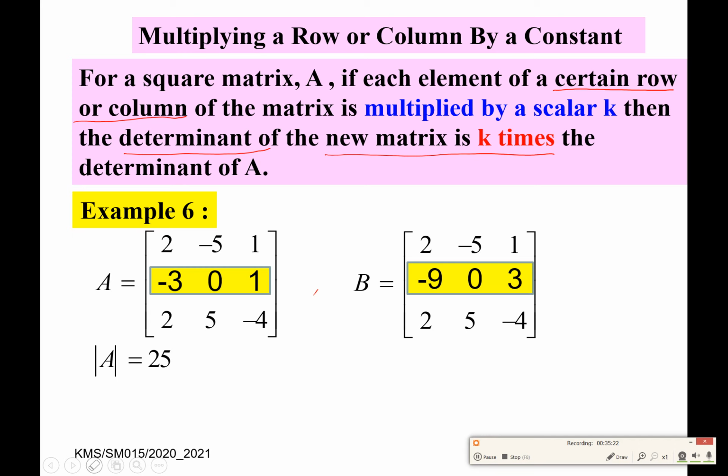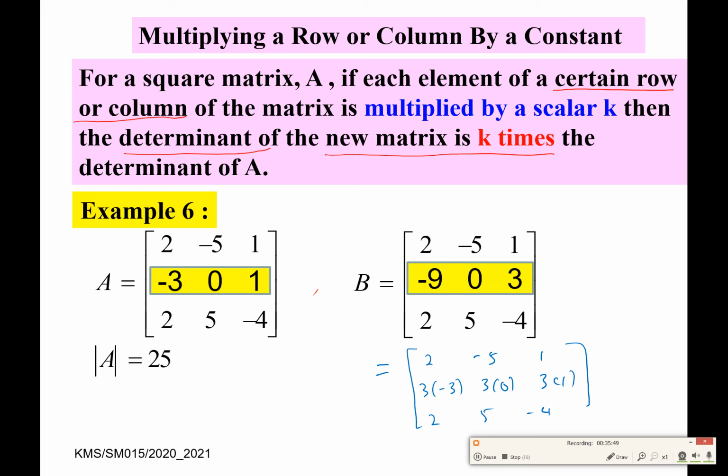So we try here. From here, this is 2, negative 5, 1, and this is 3 times negative 3, 0, 1, and this is 2, 5, negative 4.